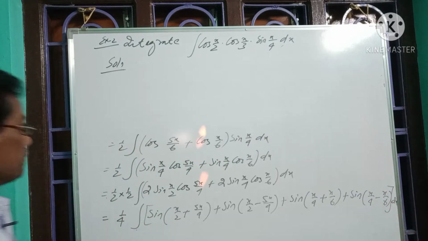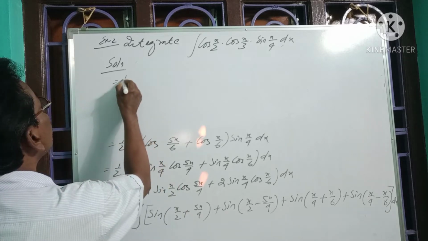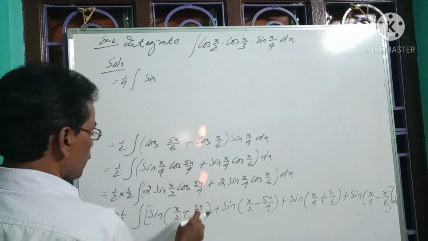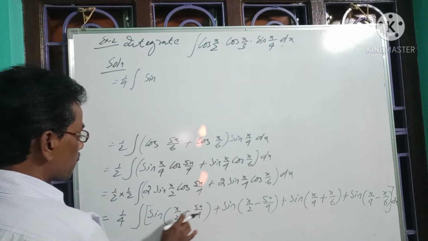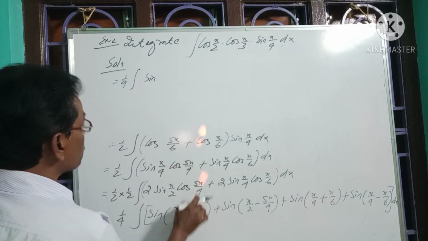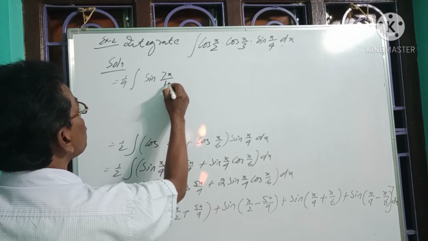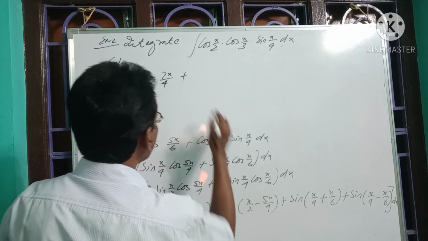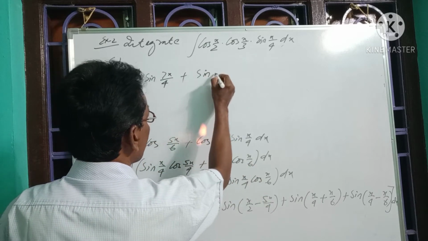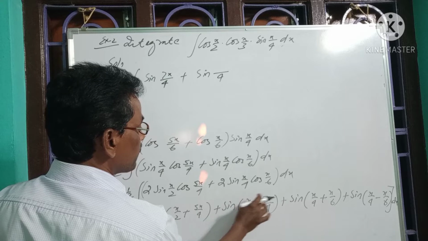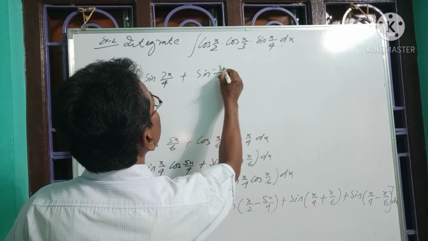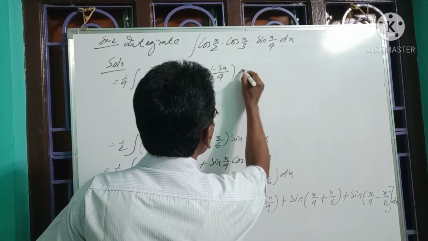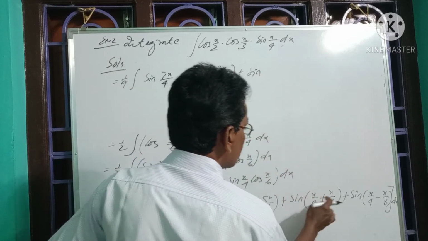So now simplifying we have 1 by 4 into integration of sin of, the LCM will be 4. So we have 4 by 2, 2 into x, that is 2x plus 5, that is sin of 7x by 4, plus, the LCM will be 4, that is sin of 2x minus 5, that is sin of minus 3x by 4, and it will give us sin of, the LCM will be 12.